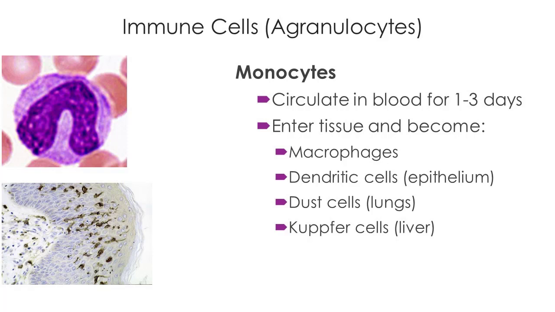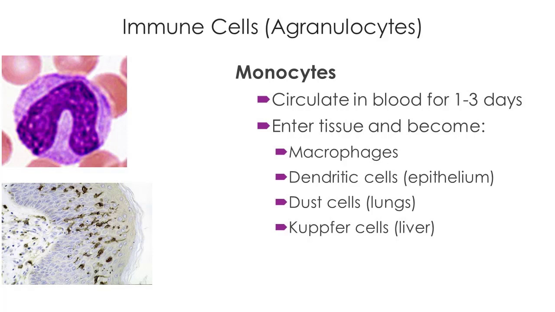So there are a lot of different macrophages in the body in different places that have different names. In your epithelium, you have these macrophages that have these long processes, but they're still macrophages. But somebody said, let's call these dendritic cells. Dendrology is the study of trees, so you see all these branches, all right? So that's one other name for macrophages.